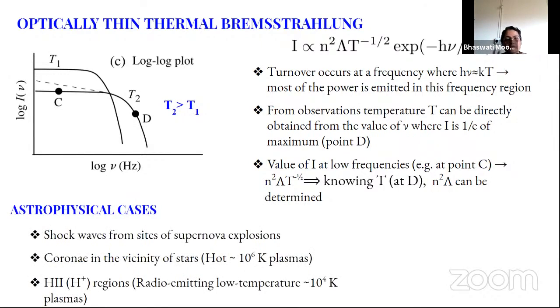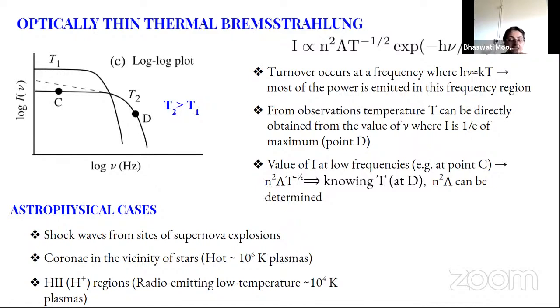Now, just to complete the story, where do we see such plasma? As I said, I have spoken a bit about the supernovae. We'll talk about them tomorrow as well. Supernovae are very violent explosions, and when you have a lot of energy, because of the very high temperatures, most of the elements get ionized. So you actually create a lot of ionized material, which is plasma.